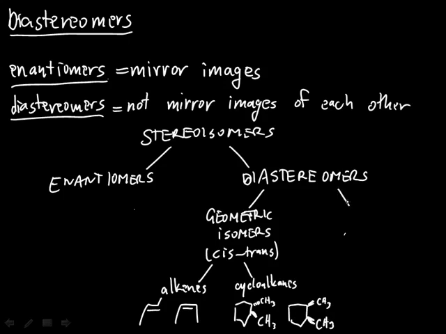Today we will talk about diastereomers of molecules which have two or more stereocenters. And this class of diastereomers is actually intricately connected to the enantiomers, and that's why we consider them together.